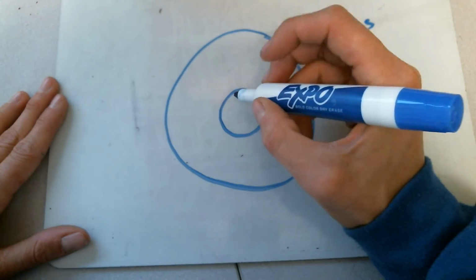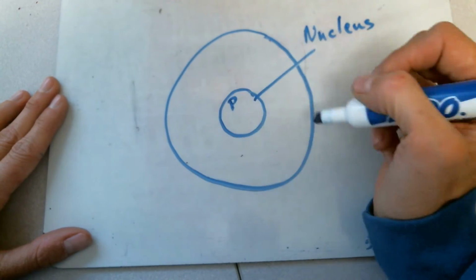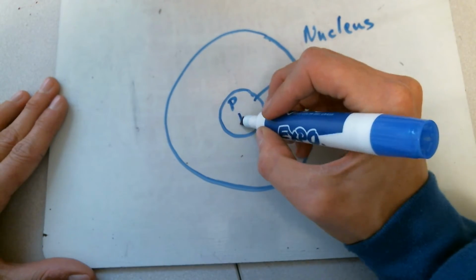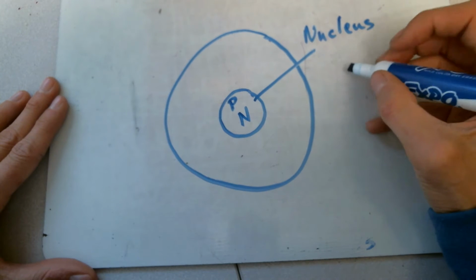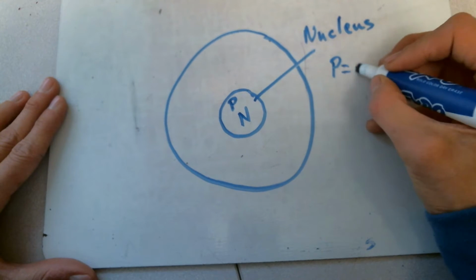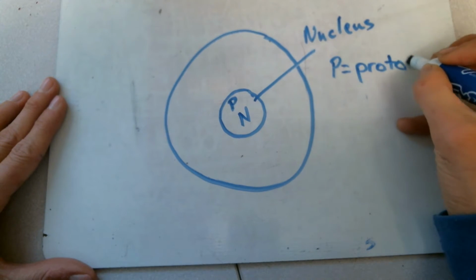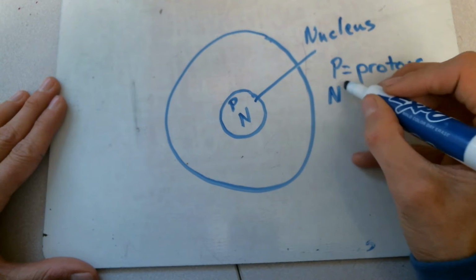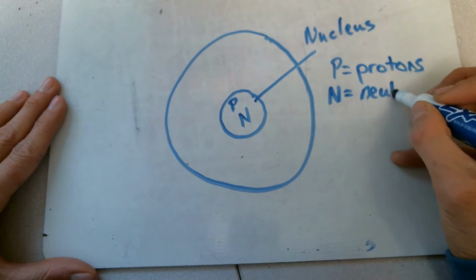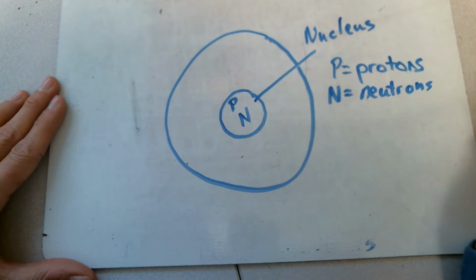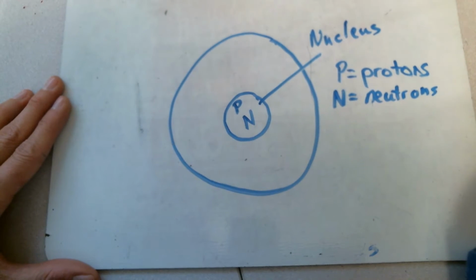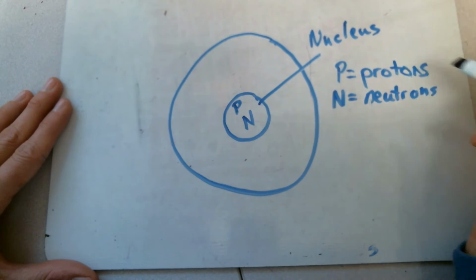And inside the nucleus we have protons, which I'll represent with a P, and neutrons, which I'll represent with an N. So P is for protons, N is for neutrons. Now, the number of protons and neutrons will depend on what element you're looking at.